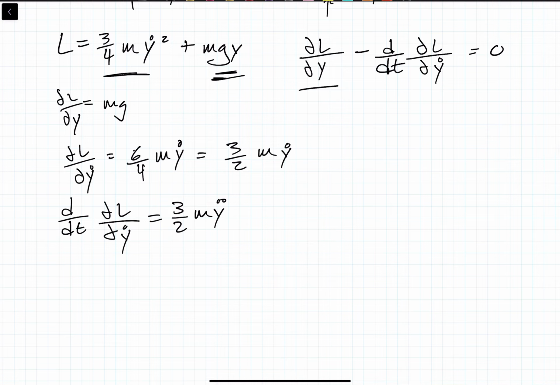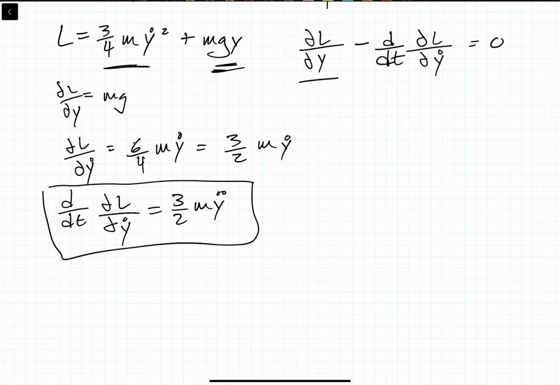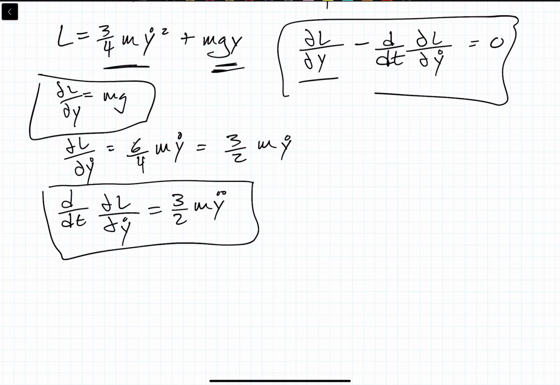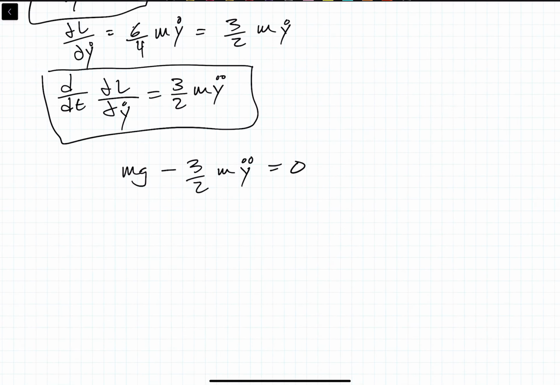So now we have the partial derivatives that we need and the derivative with respect to time of the partial with respect to y dot. So we can plug this equation and this equation into this equation. So that's going to be mg minus 3/2 m y double dot equals 0. So we need to solve this for y double dot.